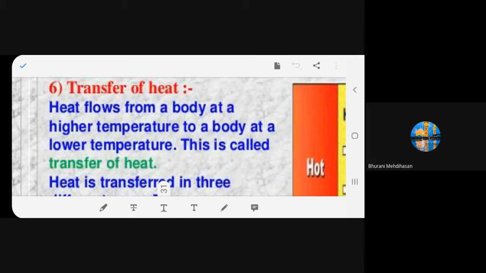Can anyone else start to read properly? Heat flows, it's not follows. Please read properly. Read it again, beta.